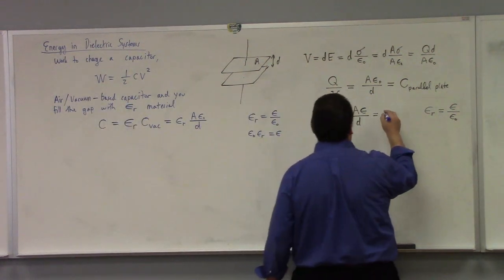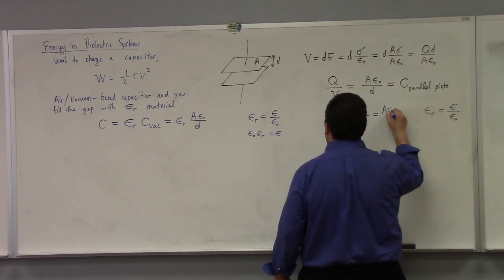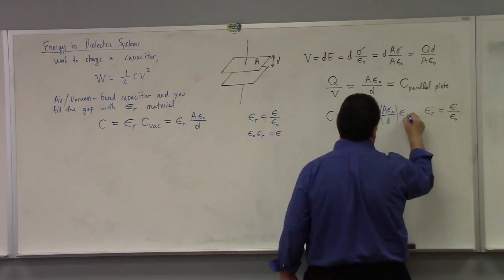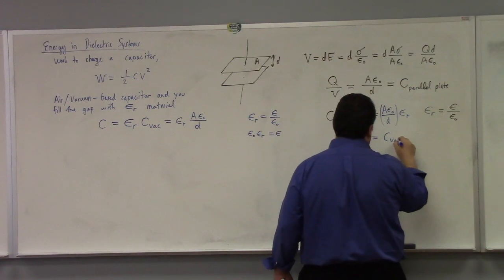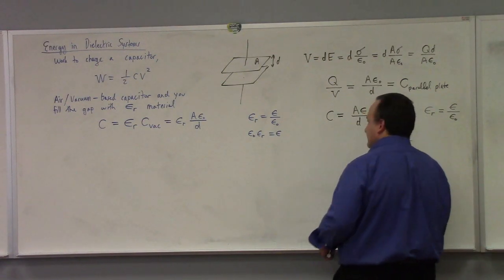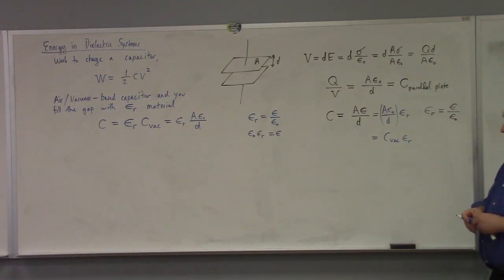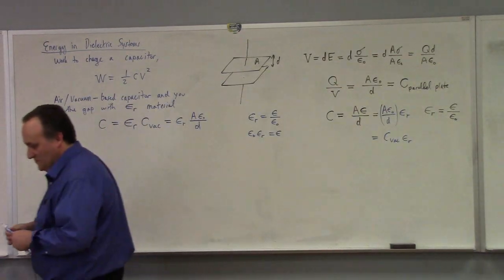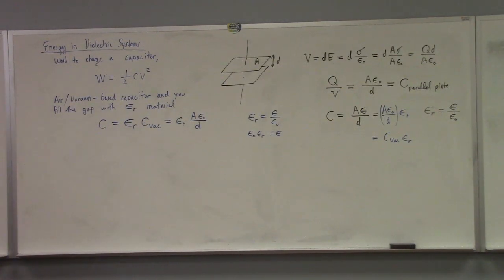So this is A epsilon naught over D times epsilon r, and then everything is simpatico. All right, great. Let us stop talking about this stuff. So moving on here, this is the relation between the capacitor with or without the dielectric material.